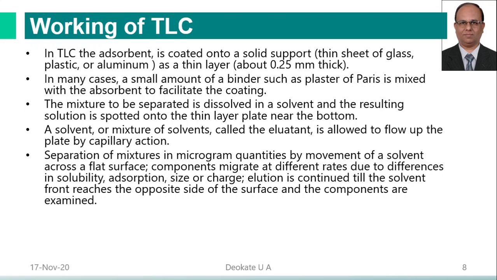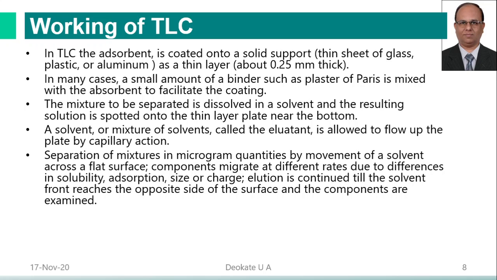The separation of mixture in microgram quantities is by movement of a solvent across the flat surface. Components migrate at different rates due to the difference in solubility, adsorption, size or charge. Elution is continued till the solvent front reaches the opposite side of the surface and components are examined.